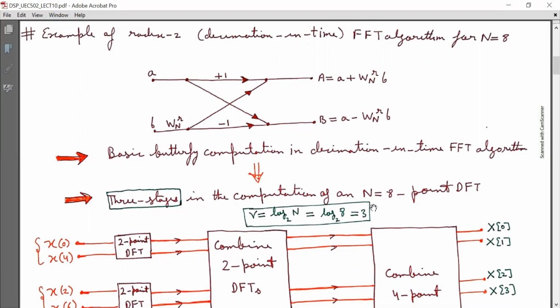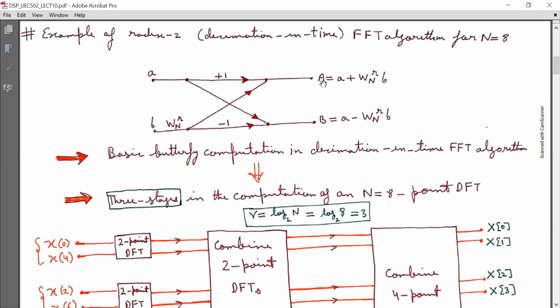And as discussed earlier, this is the basic butterfly computation in the decimation in time FFT algorithm. Here the signal flow graph shows that the two inputs to the butterfly are small a and small b, and small b is going to be multiplied by the twiddle factor W raised to power r.